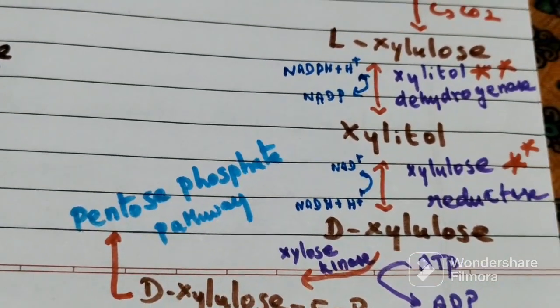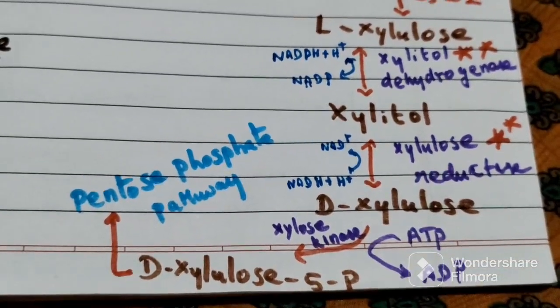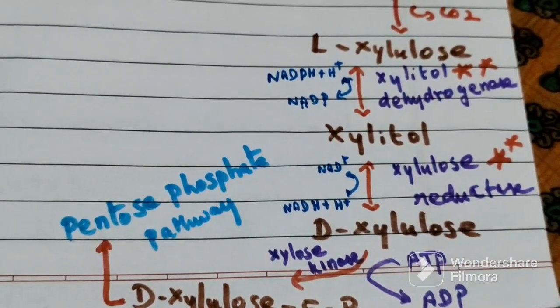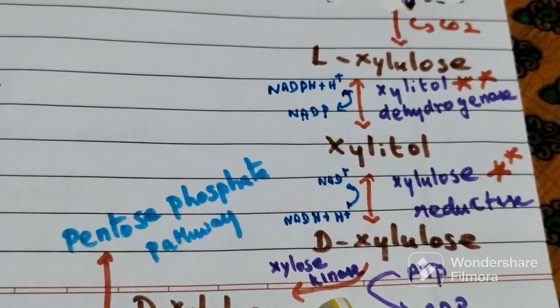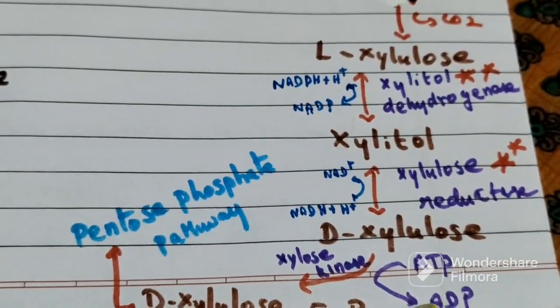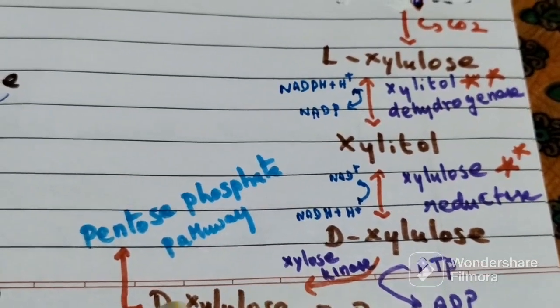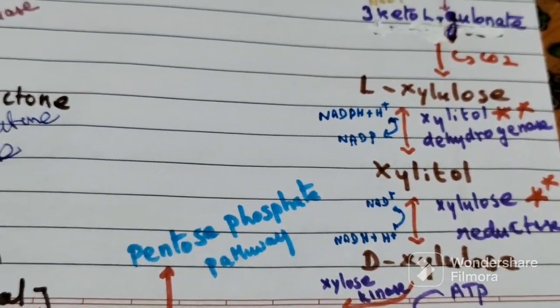Now this D-xylulose is converted into D-xylulose 5-phosphate with the help of the enzyme xylulose kinase, and ATP is converted into ADP. Finally, this D-xylulose 5-phosphate will enter the pentose phosphate pathway.